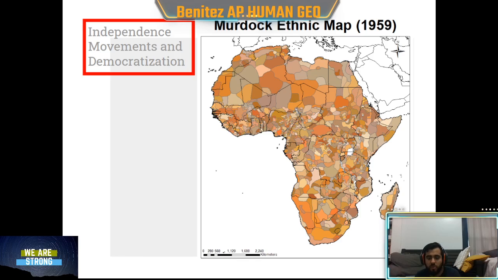Eventually, right after World War II, many of the European countries who fought in the war were no longer able to control Africa. They left Africa alone, they left the boundaries there, and many African ethnic groups were fighting for their independence and trying to fight for power. What's one great example?